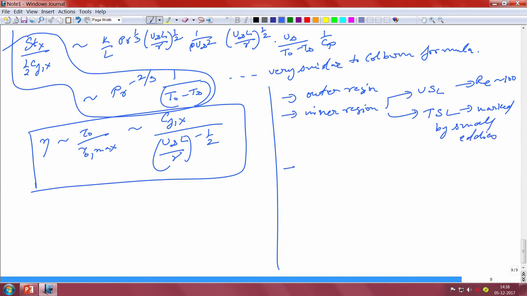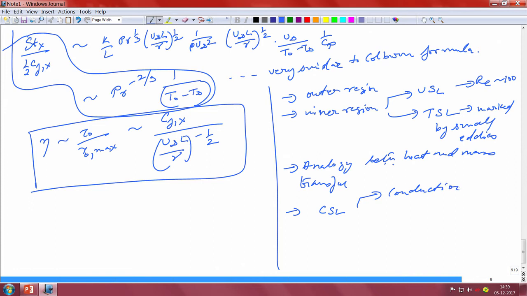We have established the analogy between heat and mass transfer. For the temperature profile, there exists something called CSL, the conduction sublayer, which is basically the same as the viscous sublayer. This is of the order of 11.6, this is of the order of 13.2.